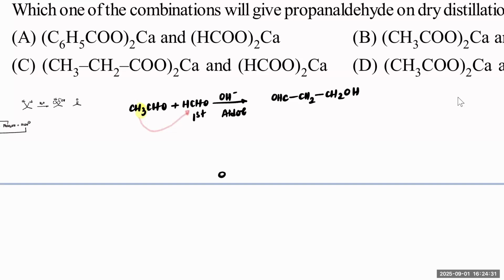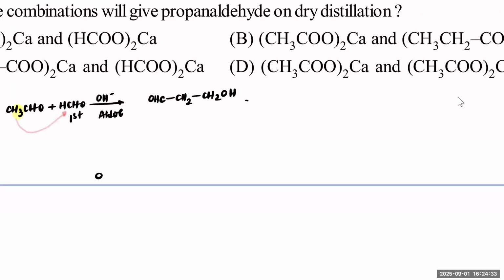That's how we get the first aldol. Now this is the second mole with OH minus. One more alpha hydrogen is there, so this time this carbon will attack this carbon. That makes it OHC connected with CH, with CH2OH and one more CH2OH.